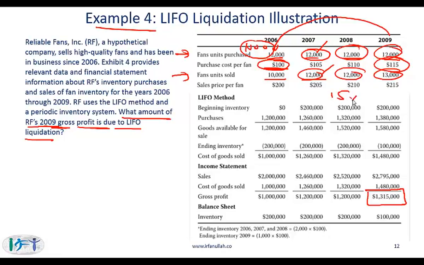That 15 is multiplied by the 1,000 because you are dipping into old inventory worth 1,000. So 15 times 1,000 is 15,000, which means that 15,000 of this gross profit number is coming due to LIFO liquidation.